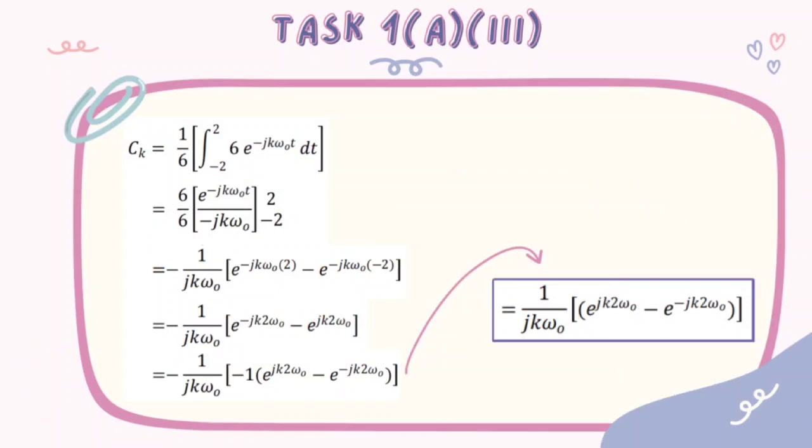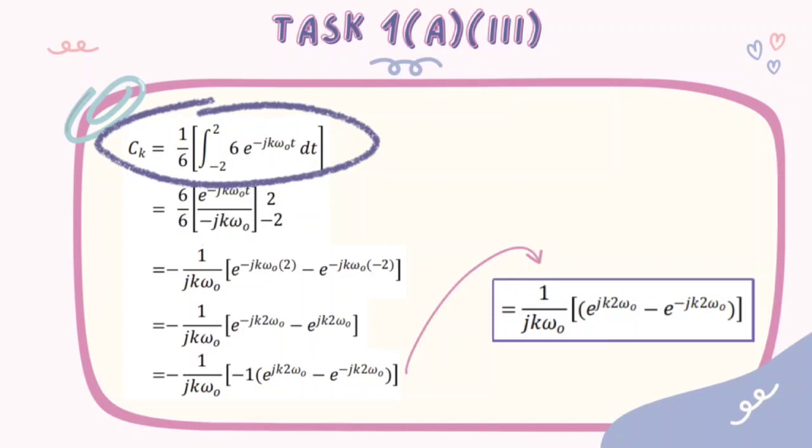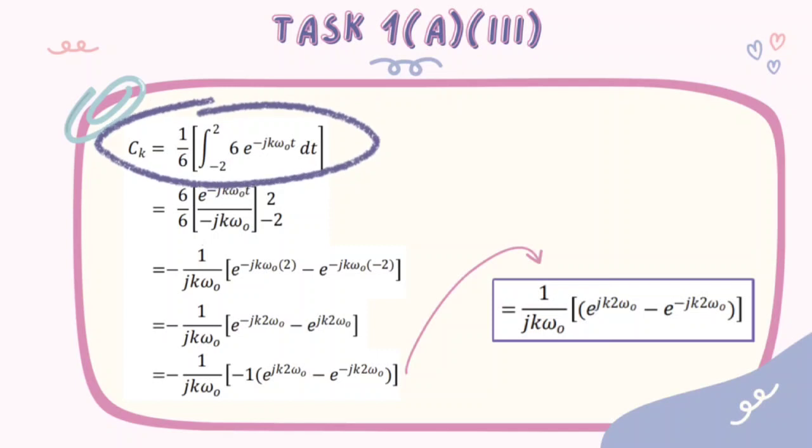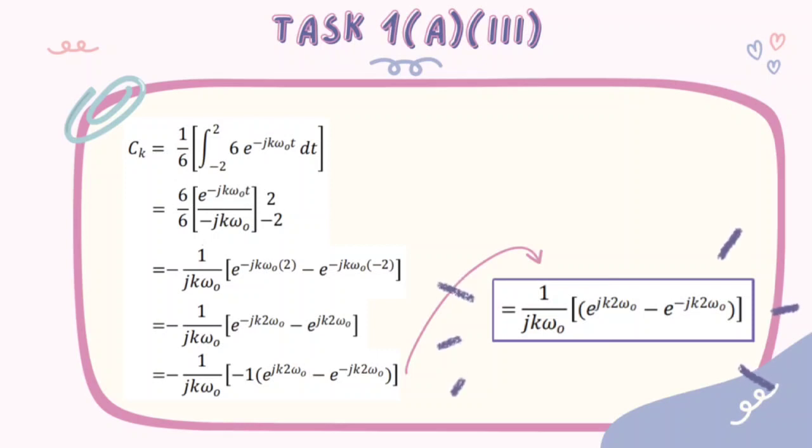So we just substitute the values and we get ck equals 1 over 6, integrate from -2 to 2, 6 exponent of -jk omega naught t dt. The last equation will be 1 over jk omega naught times exponent j2k omega naught minus exponent -j2k omega naught.